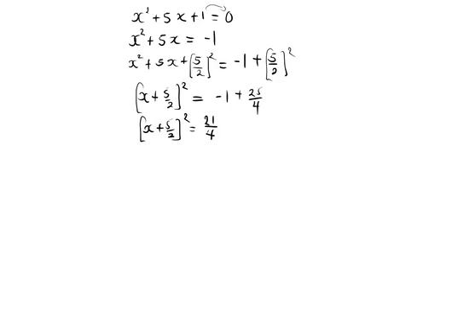So to get rid of the square, we find the square root of both sides. The square root is either negative or positive. So the left hand side will have x plus 5 over 2 equal to positive or negative square root of 21 over 4.